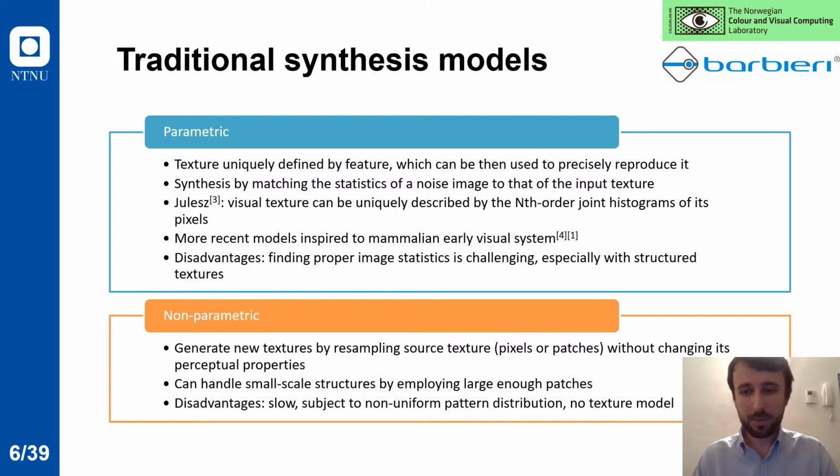Another typology of traditional synthesis models are the non-parametric ones, which essentially aim at generating new texture by resampling either pixels or patches of the input texture without changing its perceptual properties. The main drawbacks of these approaches are that they are usually slow and that they do not provide any texture model.